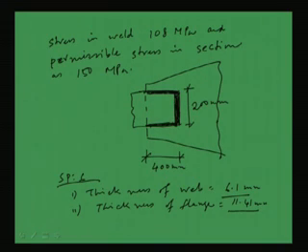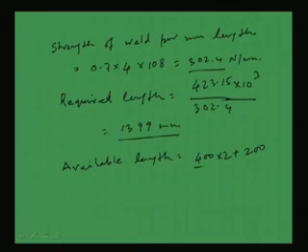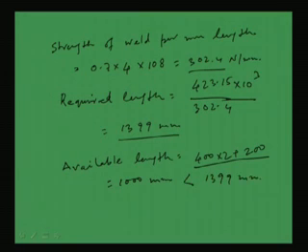So this length will be available, which is 400 into 2 plus 200, this will become 1000 mm, right, which is less than the required length of 1399 mm. So thus we need to provide an additional length of weld in terms of slot.